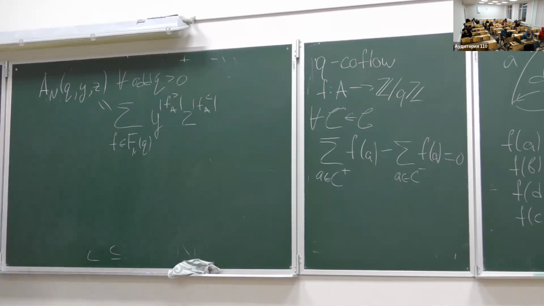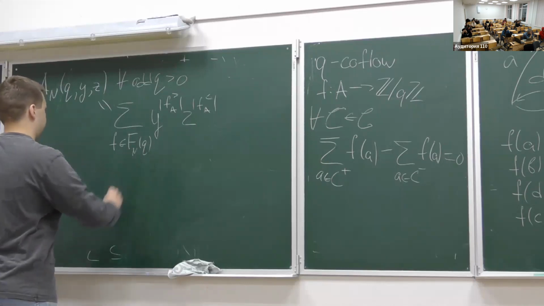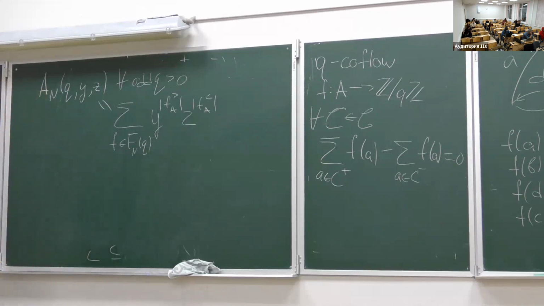А что индекс n обозначает? Yeah, n is our oriented matroid. A matroid is denoted by n, and an oriented matroid is denoted by n.